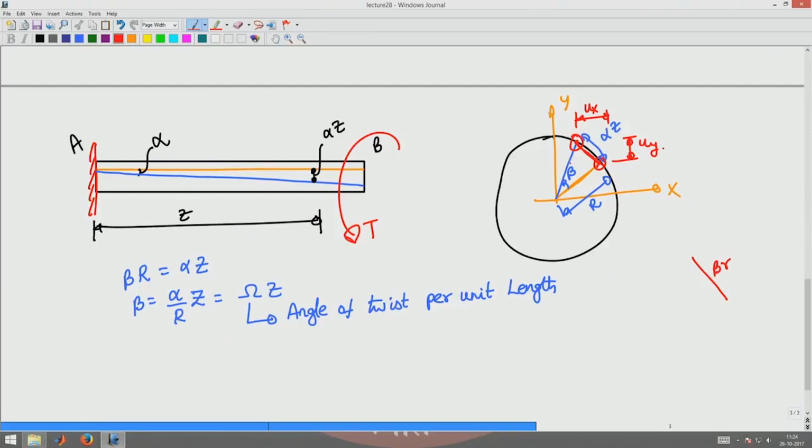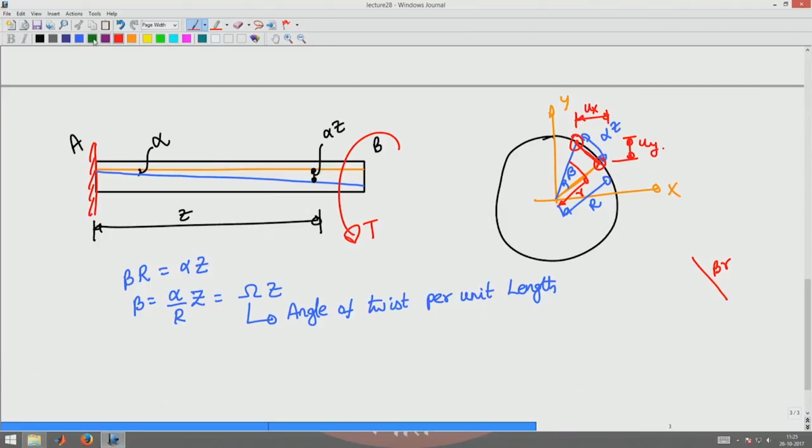Now that displacement I have to resolve into ux and uy displacement. By assuming this displacement as beta times r, I am approximating the arc length by the secant length.